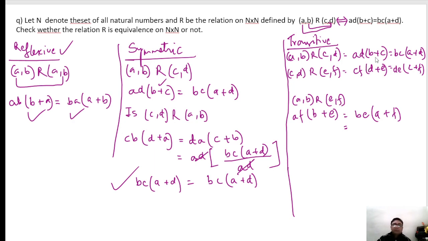So see friends, this part I am doing it here. If I divide these two alternatives, this side by this side, so what will happen?